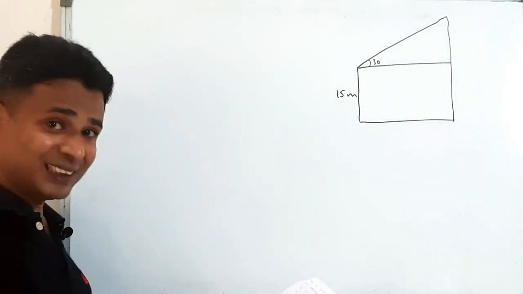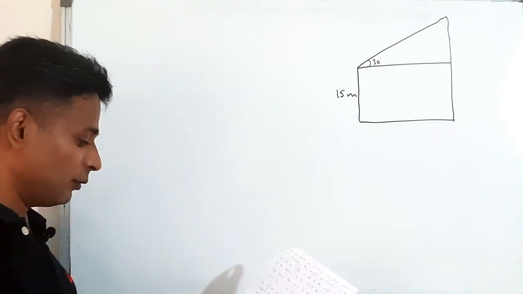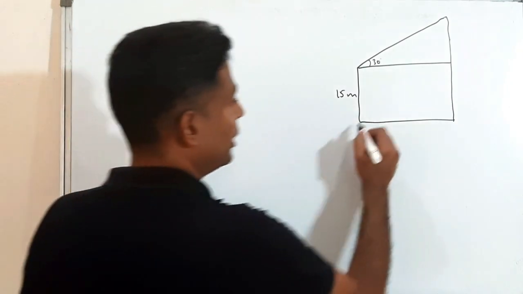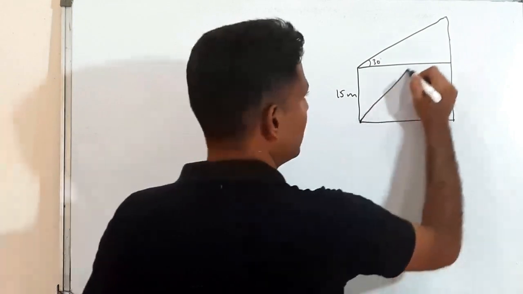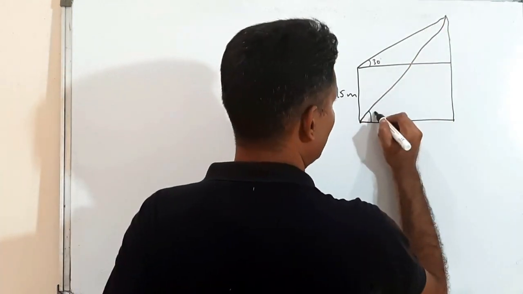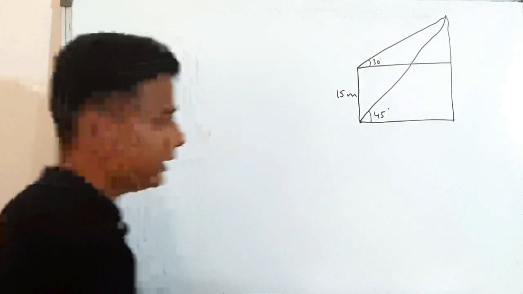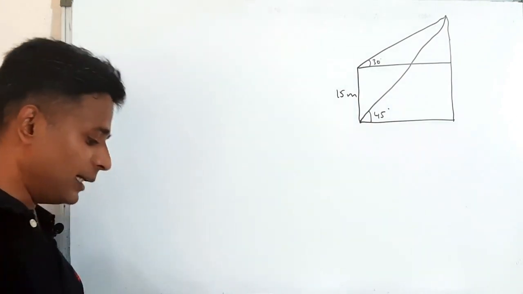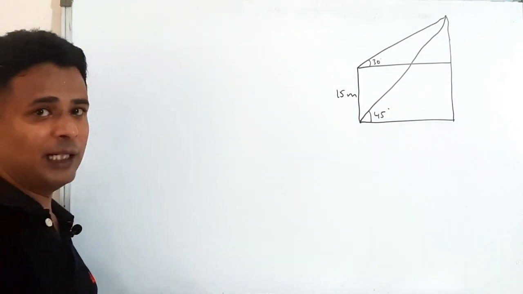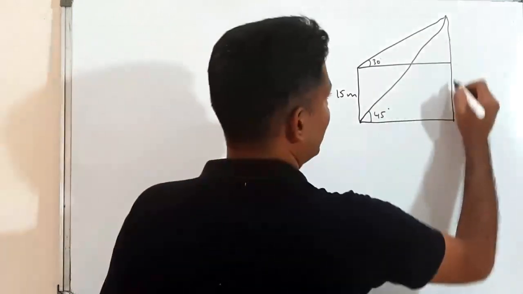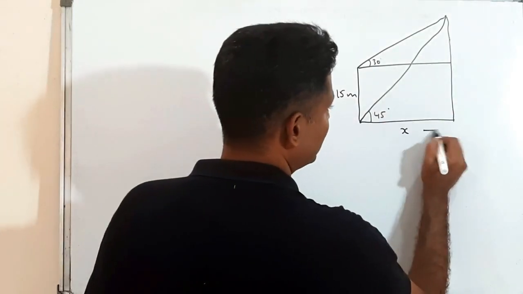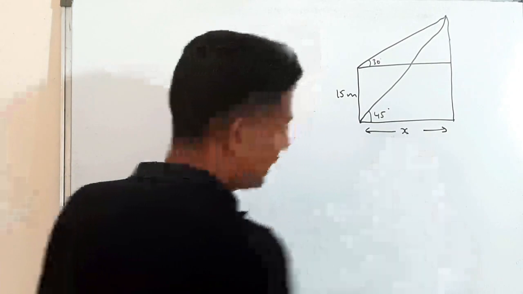From the bottom of the same building, the angle of elevation of the top of the tower is found to be 45. So this is the figure. Find the height of the tower and distance between tower and building. So we have to find the height of the tower and the distance. So let the distance between the building and tower be x.